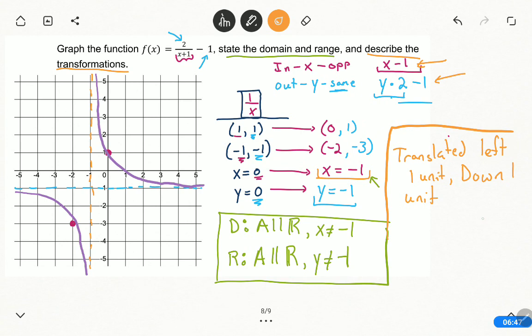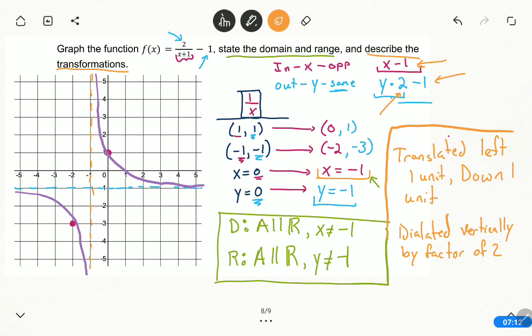We also have another transformation going on. We have times by 2 as well. Multiplication creates a dilation in the graph. So this graph has been dilated. It's dilated vertically by a factor of 2.